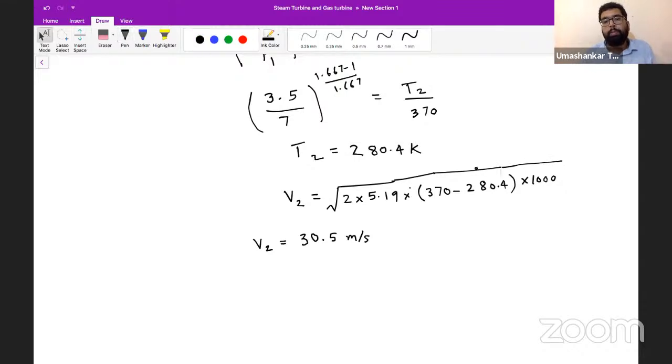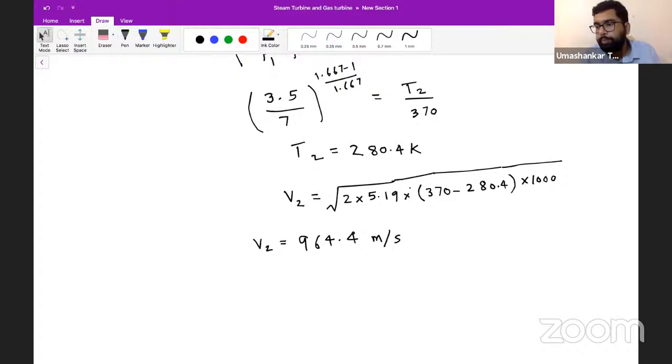Since the value of Cp is given in kilojoule per kg Kelvin, you have to multiply by 1000, and then the velocity will come in meter per second, and it will be equal to 964.4 meter per second.